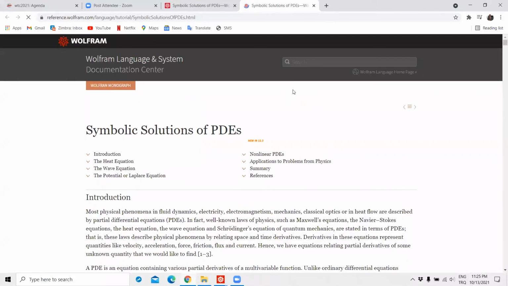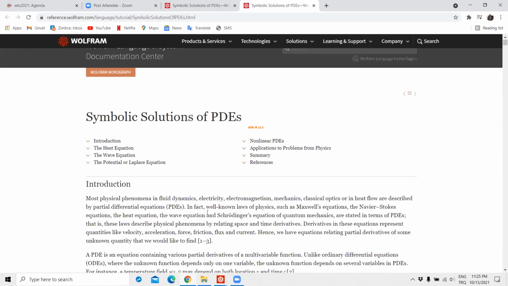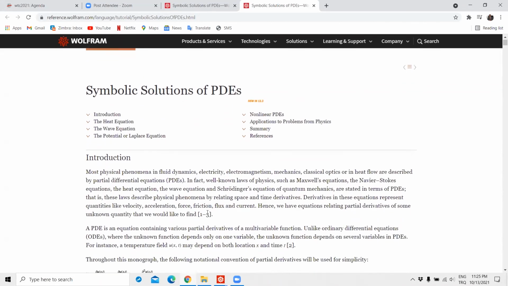I have skipped many of the details due to time constraints, but as you probably already know, starting with 12.3, we have a new monograph for symbolic solutions of PDEs, which is also available on the web page.